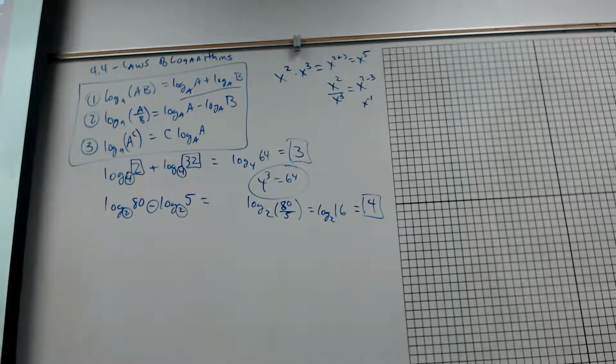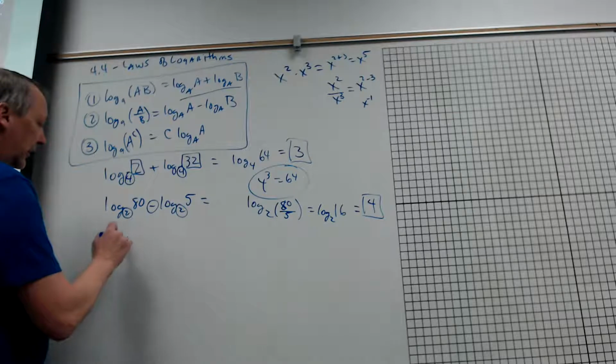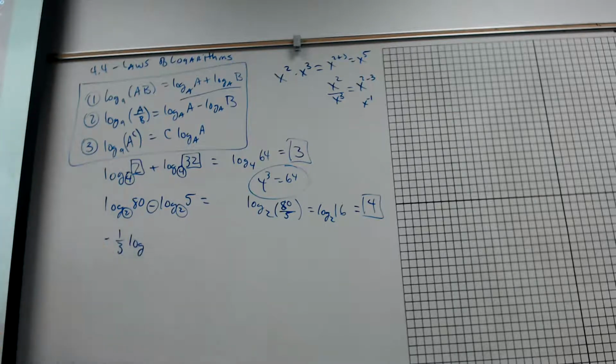All right, how about this one? Negative 1/3 log of 8. Okay? What rule can I use on this one?